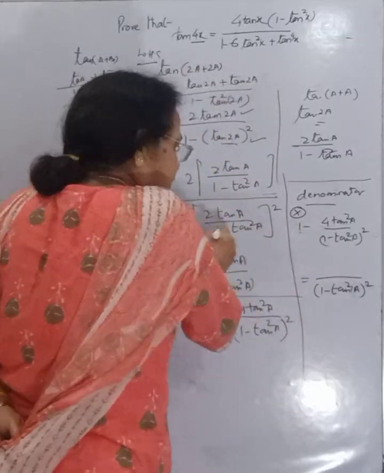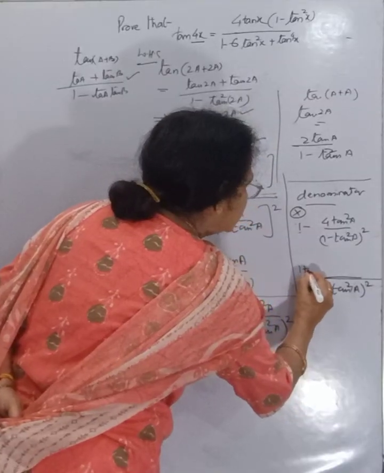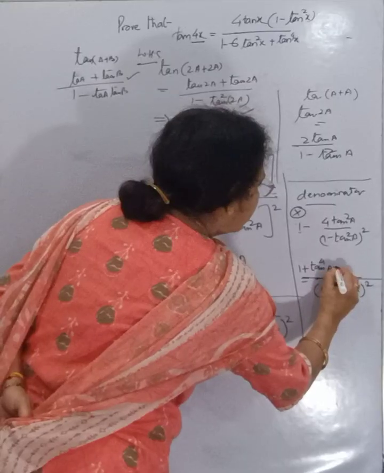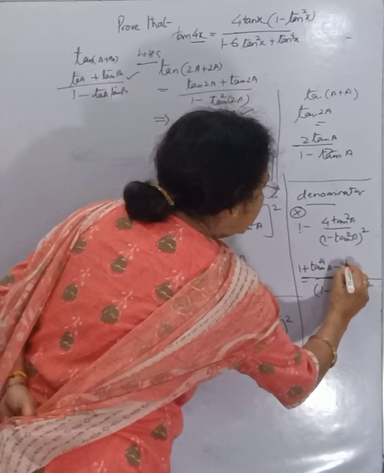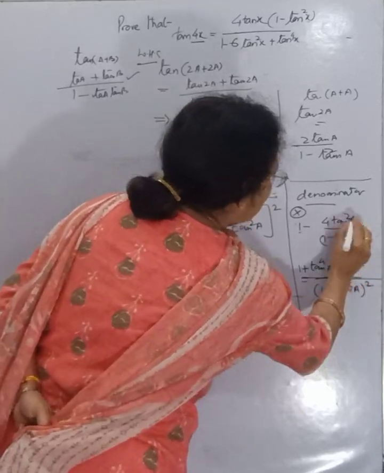This will be multiplied by this, we will get the whole square. It is to be opened here: 1 plus tan to the power 4a minus 2 tan square a minus 4 tan square a.